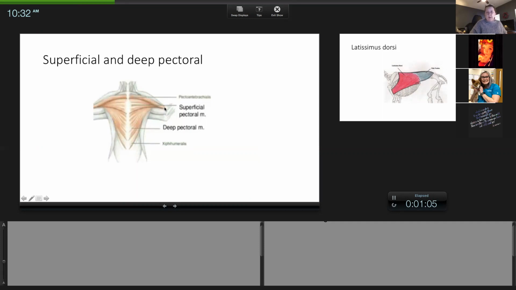But if you can imagine, what happens is these fibers, remember I said when they contract, they pull towards origin. These fibers are going to pull towards the sternum. This is my humerus, okay? The tubercle of the humerus is going to be pulled towards the sternum. So that means these muscles are adductors. They are going to add the limb back to the body.